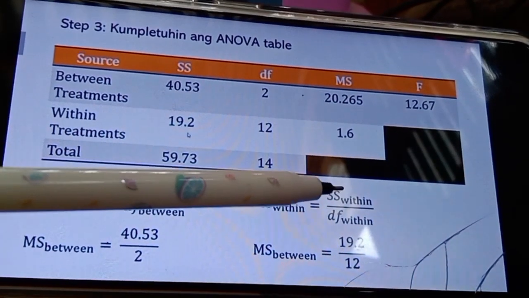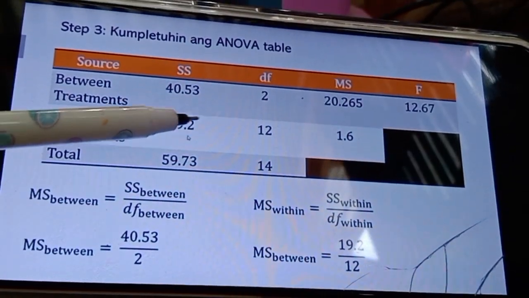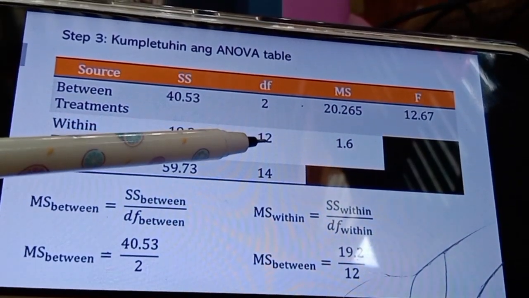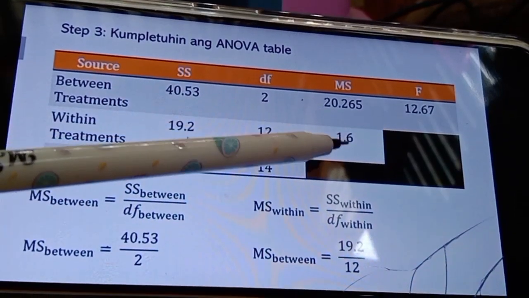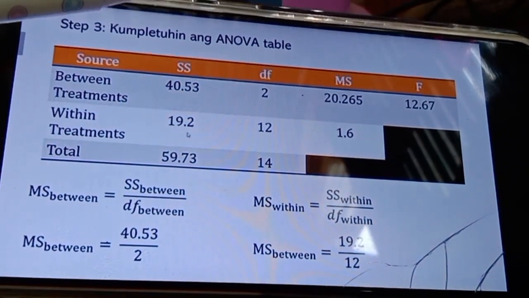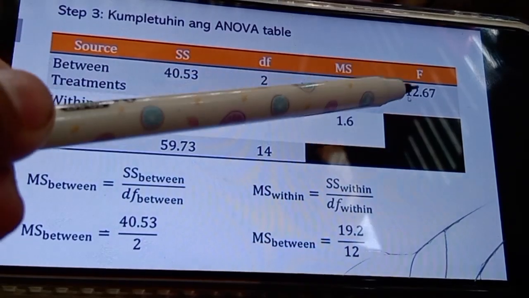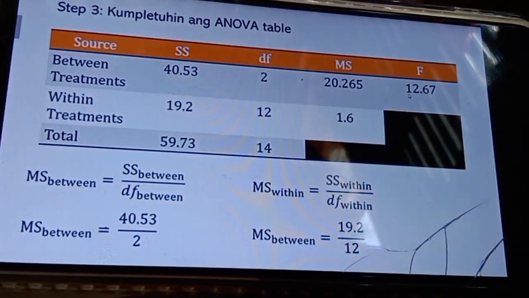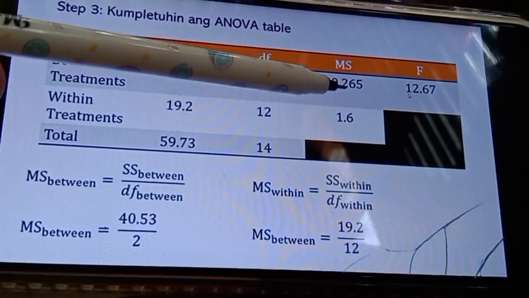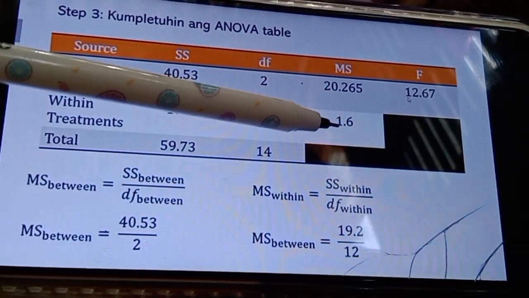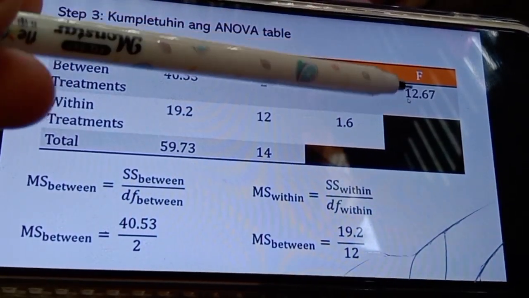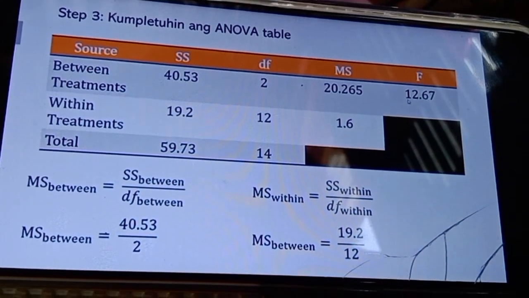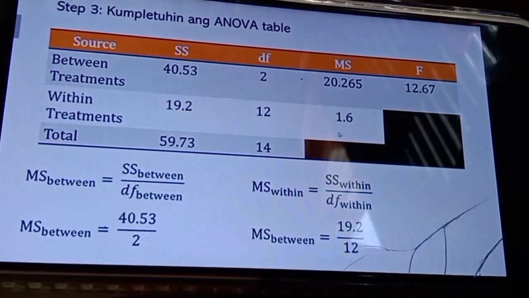Within naman is ganun din. 19.2 divided by degrees of freedom 12 is equals to 1.6. Paano nyo makukuha yung F? Ganito lang. 20.265 divided by 1.6. So, 12.67. Kumpleto na yung ANOVA table.